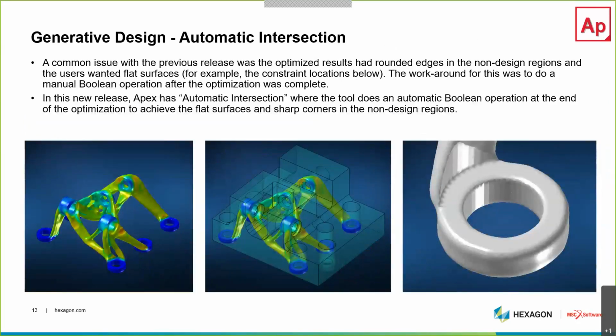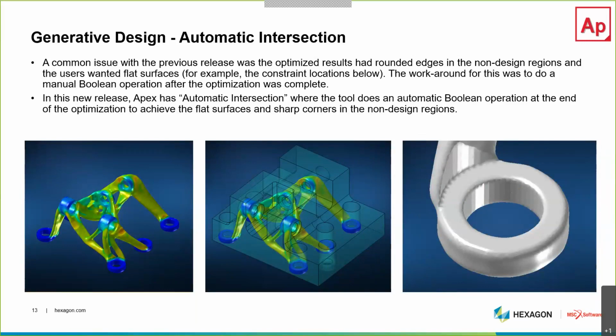Now, the other bit of feedback that we got from the field was that when you were running an optimization inside of Generative Design, one of the cool parts about it is that once you're done with the optimization, you can export complete geometry that you can bring into Apex Modeler and mesh and do a full finite element analysis on.